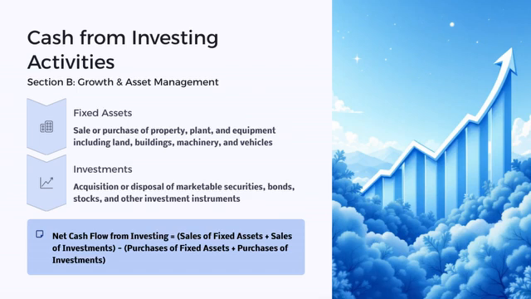These are typically larger, long-term investments that can significantly impact cash flow. By analyzing these activities, we get a clearer picture of how a company's investment decisions are affecting its cash position, which ties back into our overall theme of growth and asset management. Managing these cash flows effectively is crucial for maintaining financial health and supporting strategic growth initiatives.